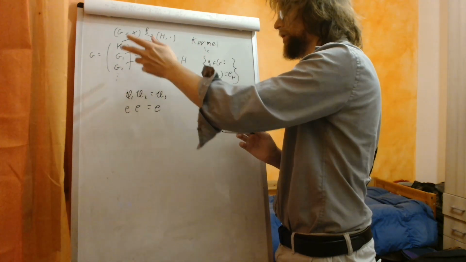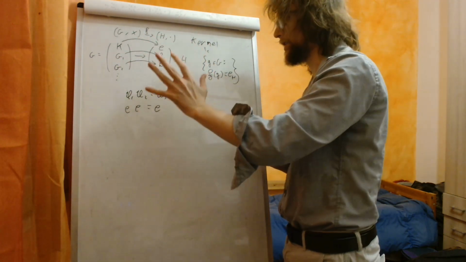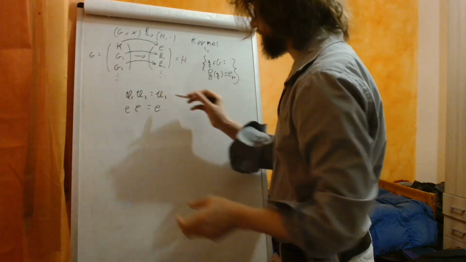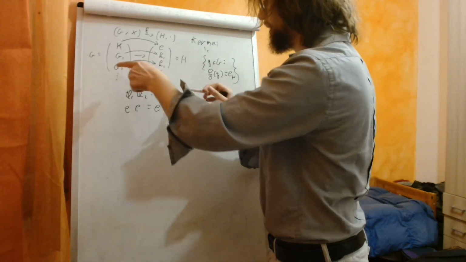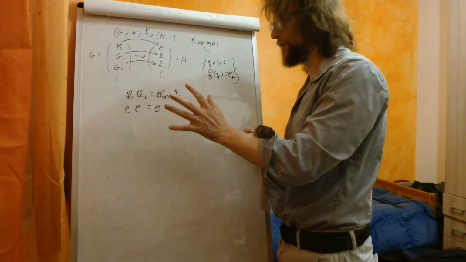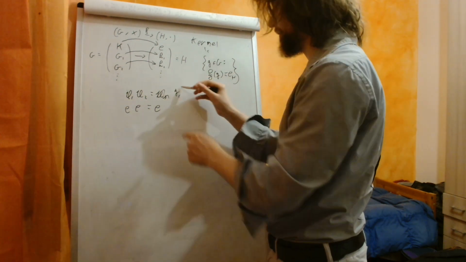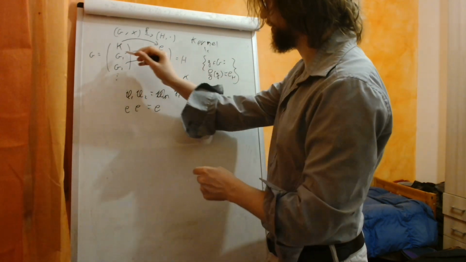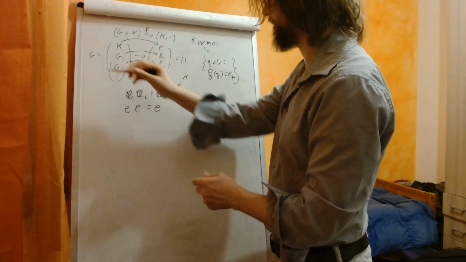This homomorphism does not send everything to the identity, so this could be in general any other element here, but think about this.